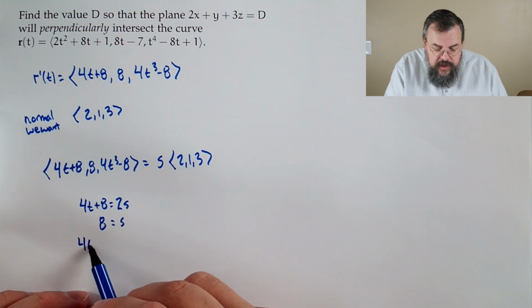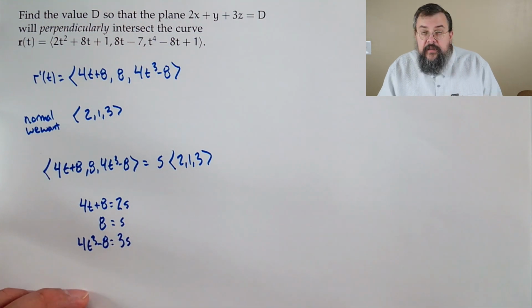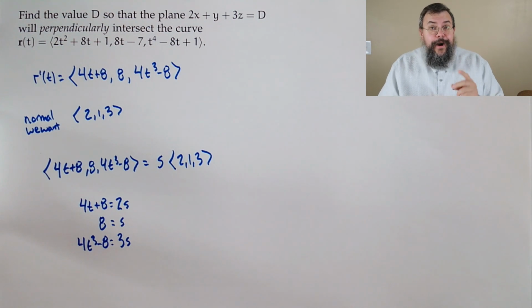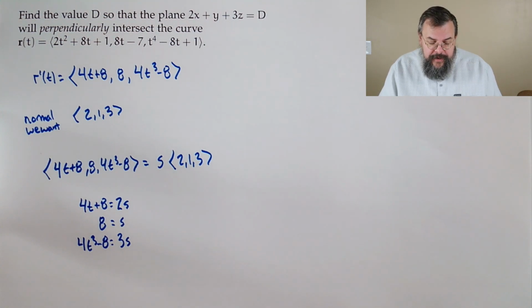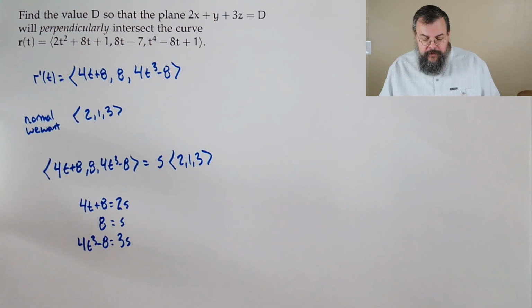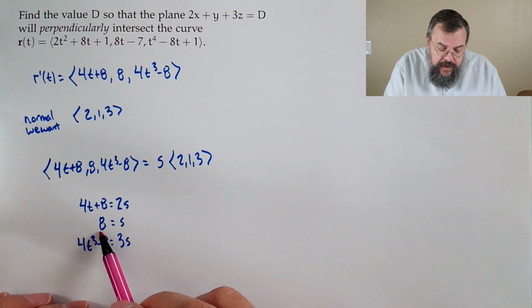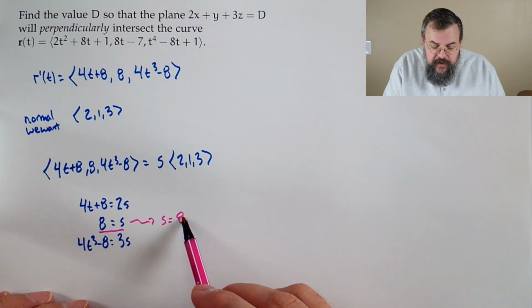And 4t cubed minus 8 needs to be 3 times s. Well, we need to solve. I think one of these variables is pretty easy to solve for, and then the other one also won't be so bad. So which one's easy to solve for? Well, it's easy to solve for s. So we see, aha, s equals 8.